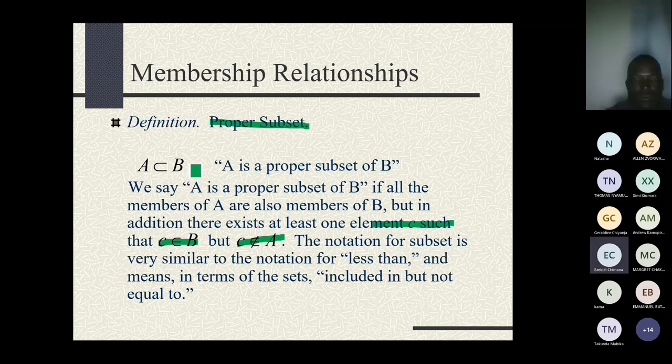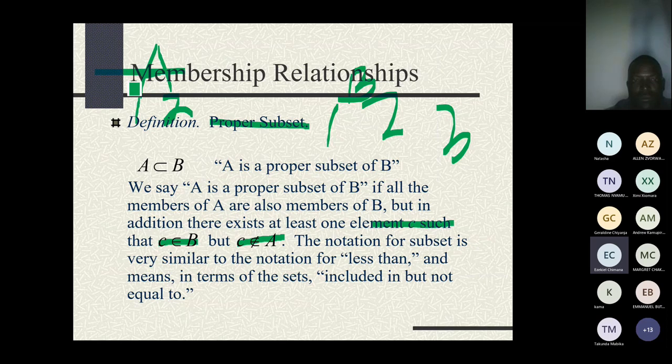What we are saying here is, you can have 1, 2, 3 as elements of B, and then we can have our A here with 1 and 2. And then we can say that A is a proper subset of B. Why?